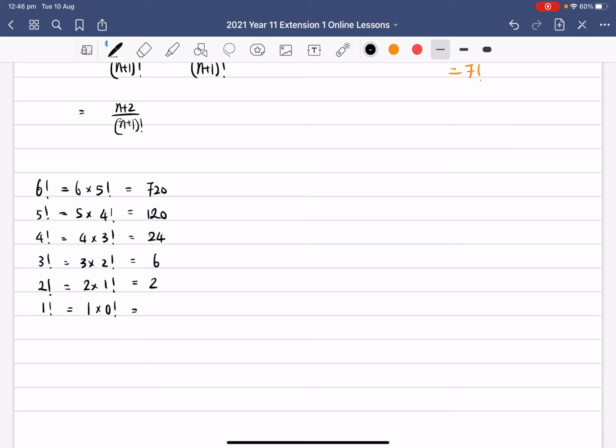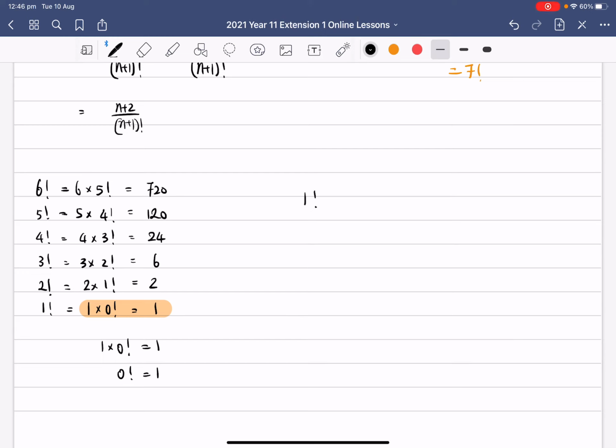Now the interesting part here is we do know 1 factorial is just 1. It's just equal to 1. So therefore, the definition really tells you that, if you make these two equal to each other, 1 times 0 factorial is equal to 1, so therefore 0 factorial is equal to 1.